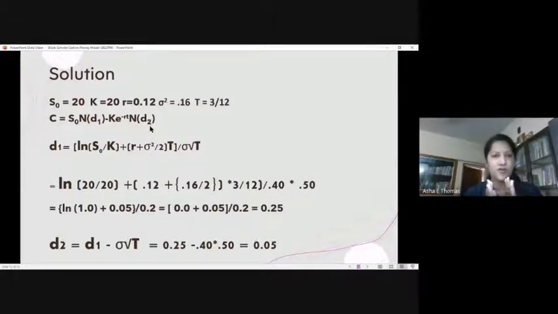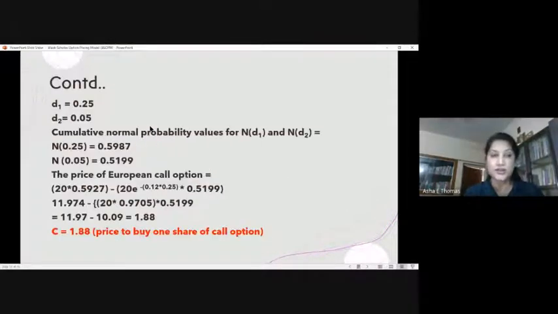So that's what the formula is all about. We are just substituting the whole thing here, that is our spot price. Here it is 20 into the value which we got, minus 20 into e raised to negative 0.12 into 0.25.